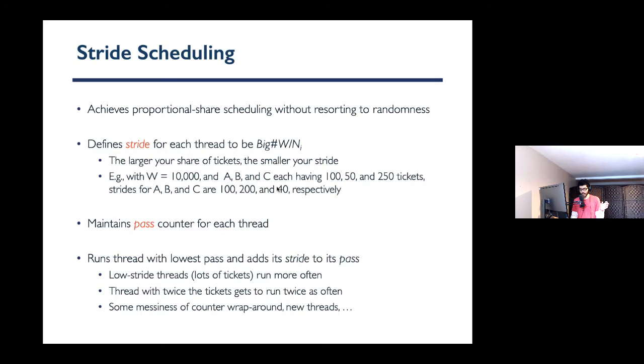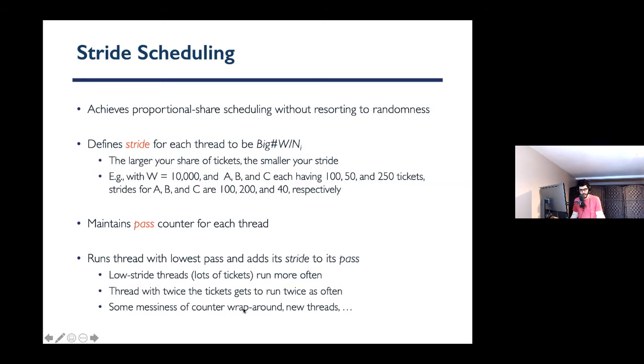Every time that the scheduler has to make a decision on who has to be scheduled, the scheduler picks the lowest pass at that time, and then gives the CPU to that process. Once this happens, we add the stride of that thread to its pass. So the pass increases over time for all threads, and it increases every time a thread gets to use the CPU. How much does it increase? By the stride of that thread.